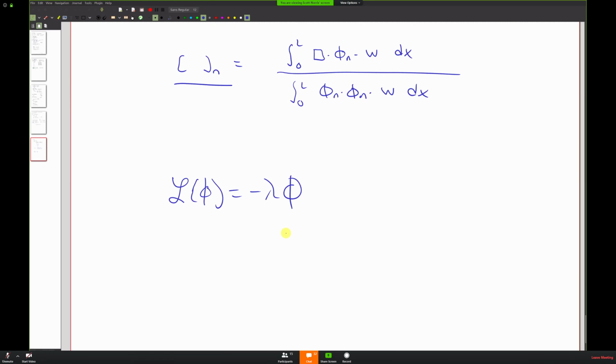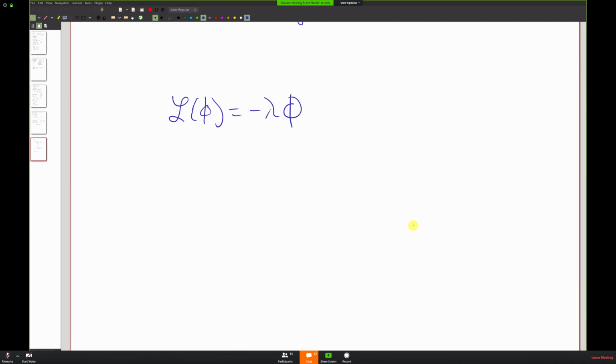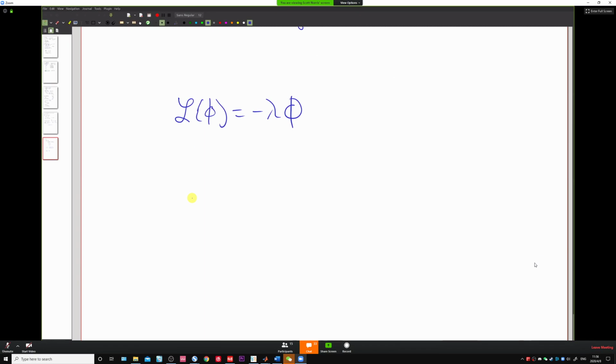Any other questions? Yeah, technically the eigenvalue problem here is 2 phi_xx plus lambda phi equals 0. What you'll find is that it doesn't change the eigenfunctions.